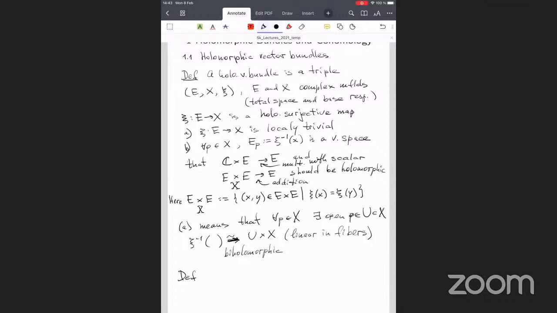And instead of X, after the arrow, there should be a vector space or something. Yes, right. I'm sorry.